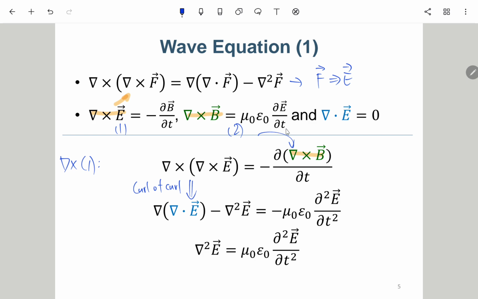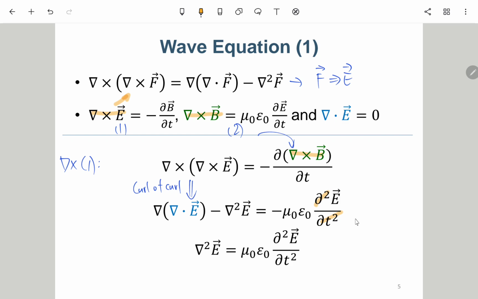Then one partial derivative with respect to time, and this is the second one. Altogether, we have the second derivative with respect to time for the E field.